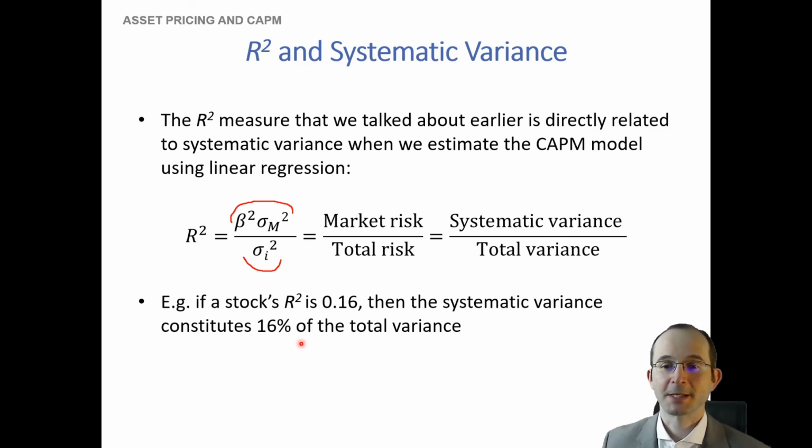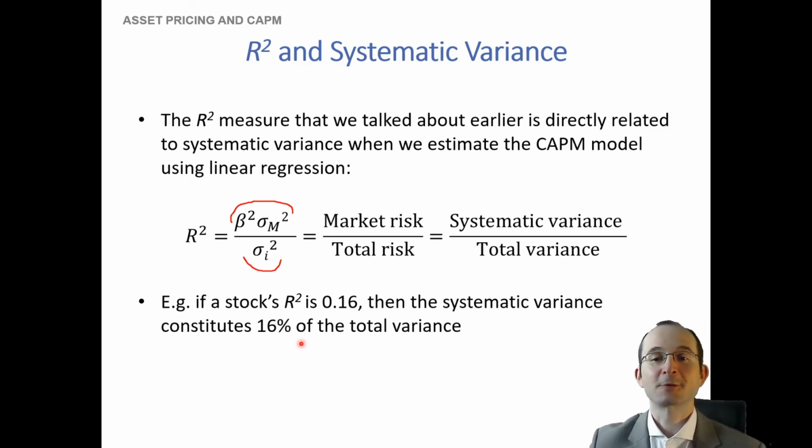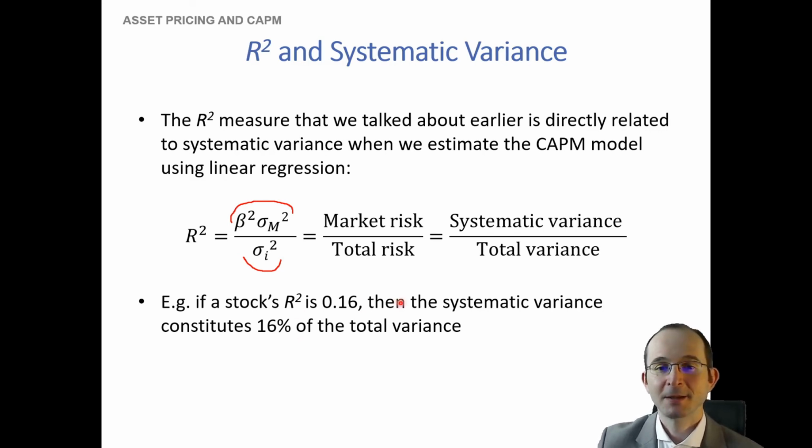In other words, this asset is highly idiosyncratic. It does its own thing, largely independent of what the market does. But remember, what is the priced component of risk that this asset takes? That's just the market risk. So really, only 16% of this asset's total risk is priced.